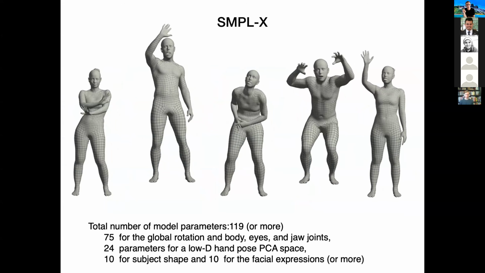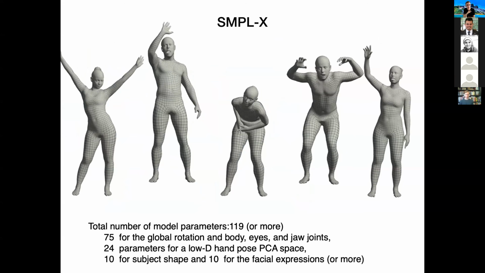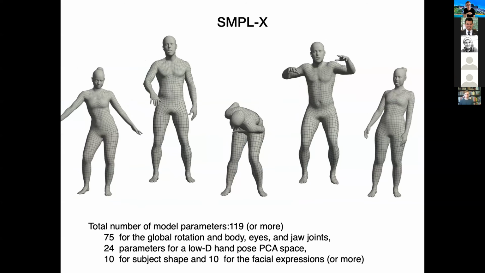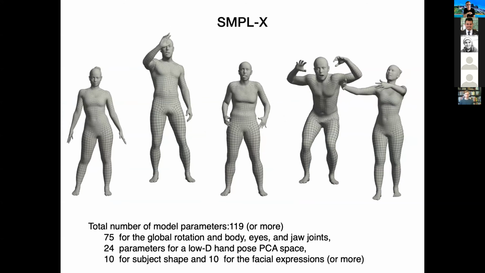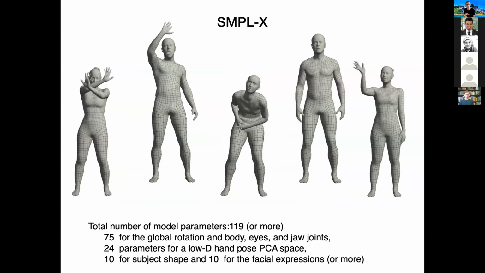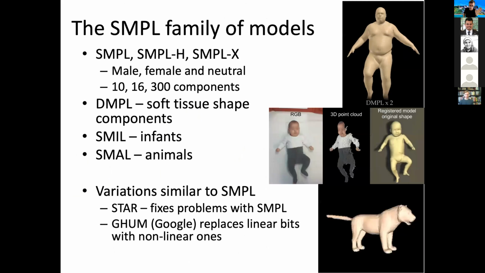We have low dimensional spaces for hand pose and the facial expressions. And because there's a unified body space, one tends to use more than the 10 principal components that people use in SMPL, because there's more detail in the face and you need more principal components to represent the body and the face together. Okay, that's a whirlwind picture of SMPL-X.